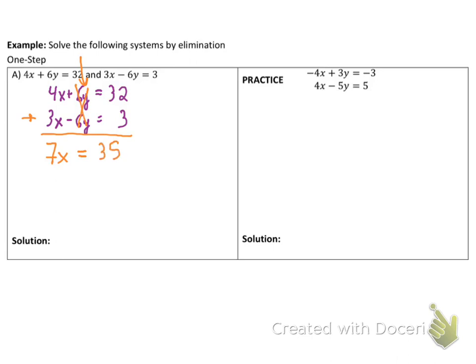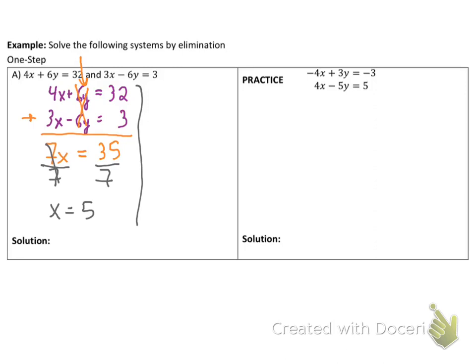So now I'm going to solve this equation. I'm going to divide both sides by 7. So x is going to equal 5. Now I need to take that 5 and plug it back into either of my equations to solve for y.